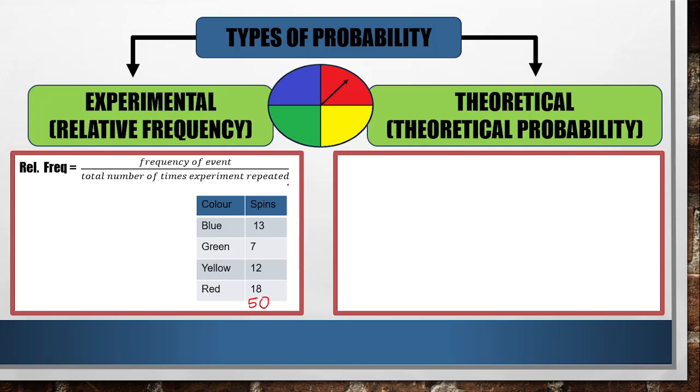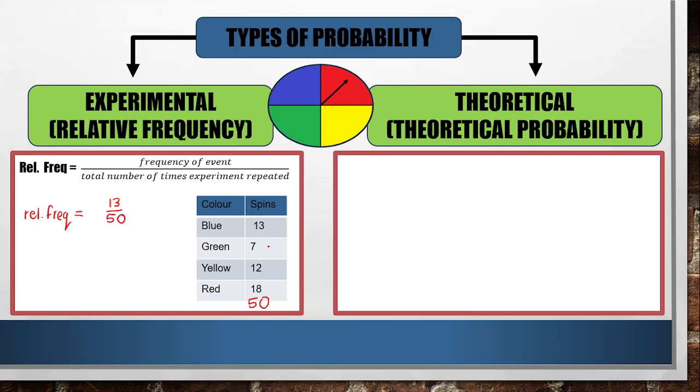So I go and ask you, after spinning this top for 50 times, what is the probability of us getting a blue? Well, if we look at the last slide, the relative frequency in this case, because we have gone and physically done the work, is going to be 13 over 50.